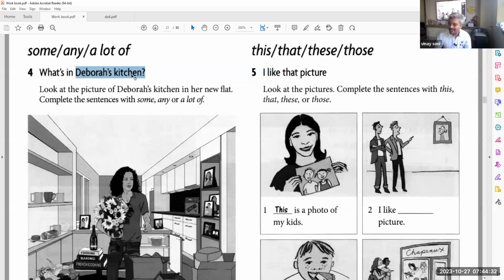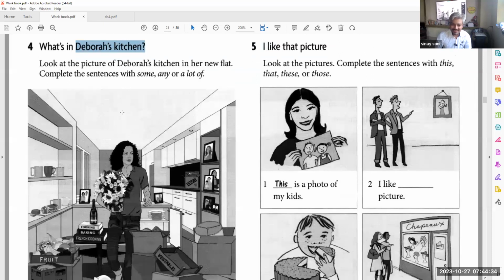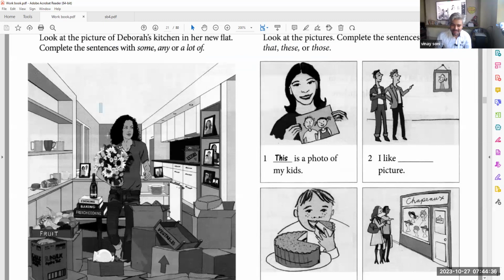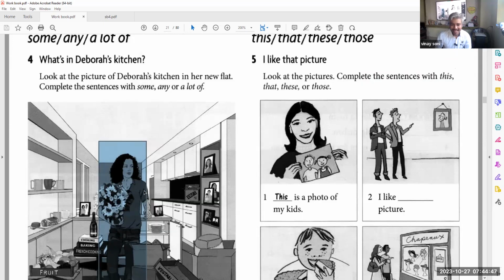What's in Deborah's kitchen? This woman is Deborah. Deborah is 50% man, 50% woman. What do you think? Nah, she's a woman. Deborah is a woman.